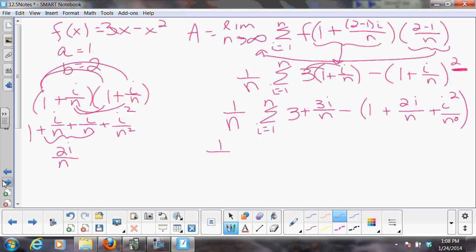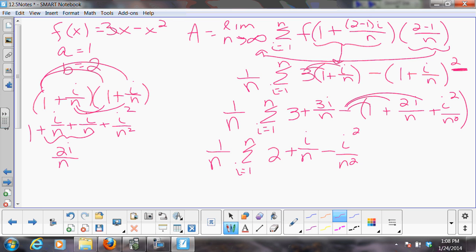We keep going. So we have 3. I'm going to distribute that negative into each part. So 3 minus 1 is actually 2. 3i over n minus 2i over n is i over n. And then we have minus i squared over n squared.